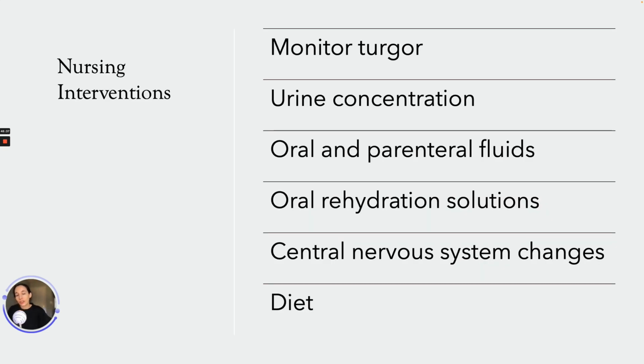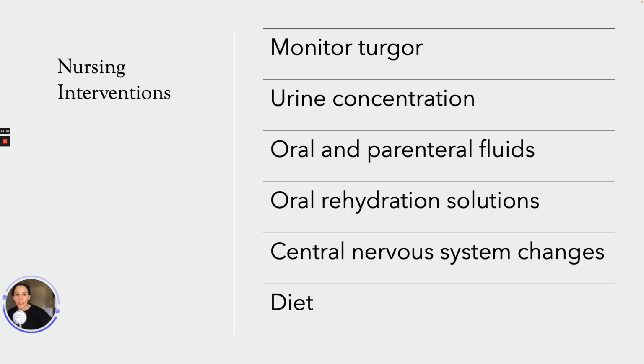So our nursing interventions can include monitor turgor of skin, as this can indicate fluid status of the patient. We're going to look at urine concentration, so obtaining urine samples to check the urine concentration. We can also use oral and parenteral fluids to correct deficits. We can use oral rehydration fluids, also glucose and electrolytes.